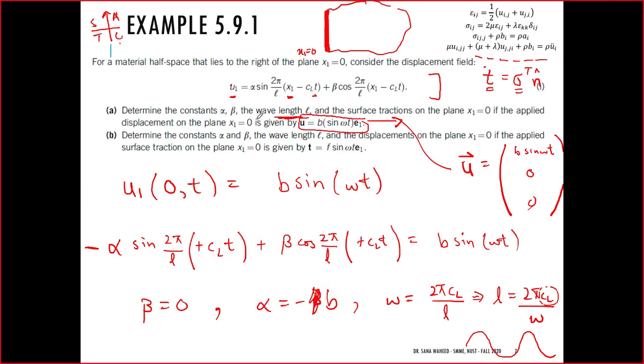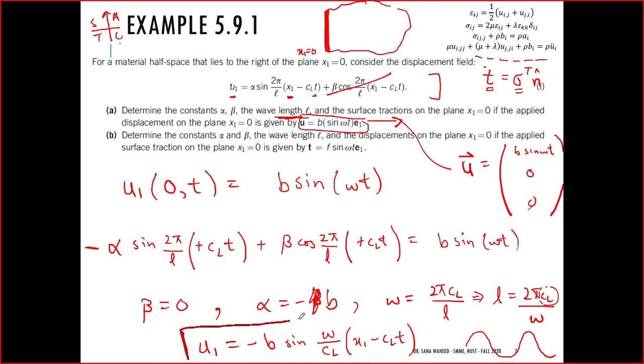Just the last thing to point out: knowing beta, alpha and omega, I've solved this boundary value problem, and I know what the expression for u1 will be. Everything else vanishes, and the only thing left is alpha, which is minus b sine of L. L is 2 pi CL divided by omega, so the 2 pi's cancel, and I end up with omega divided by CL multiplied by x1 minus CL t.